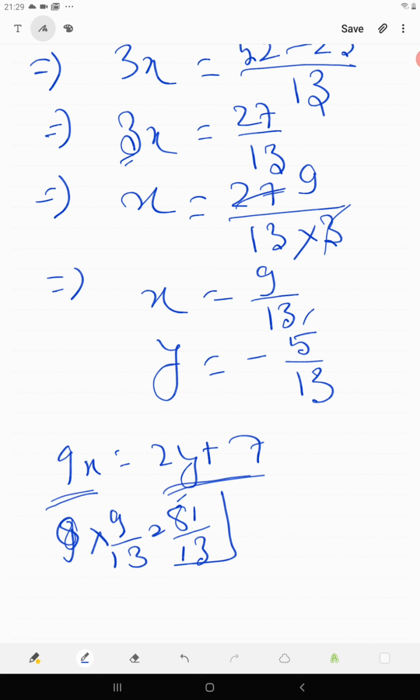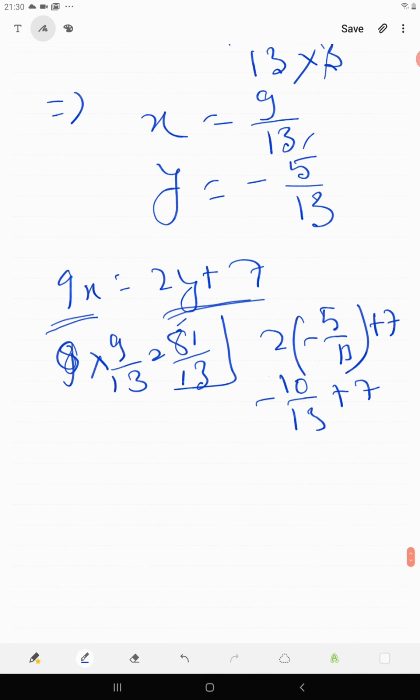Right hand side is 2 into y plus 7. That means 2 into minus 5 by 13 and then plus 7. So minus 10 by 13 plus 7. Correct? So LCM will be 13, then minus 10 plus 13 into 7 is 91.